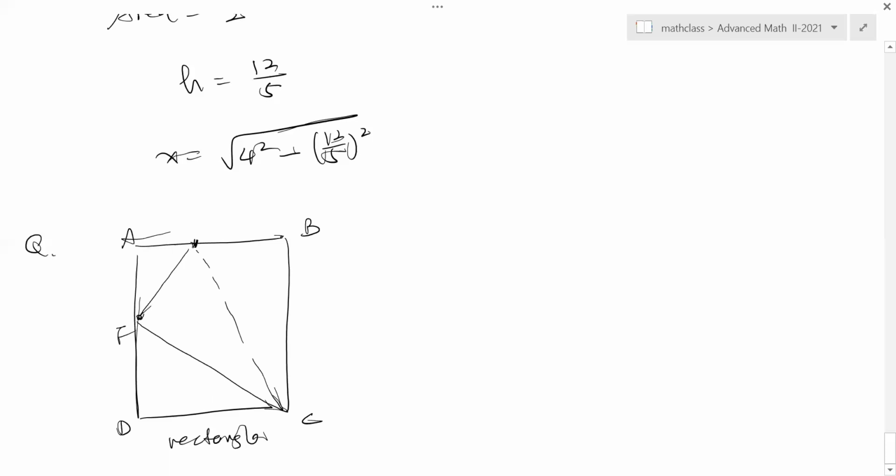Okay, so just fold it, then B touches F. These two triangles are congruent, right? Because you folded it along this line.